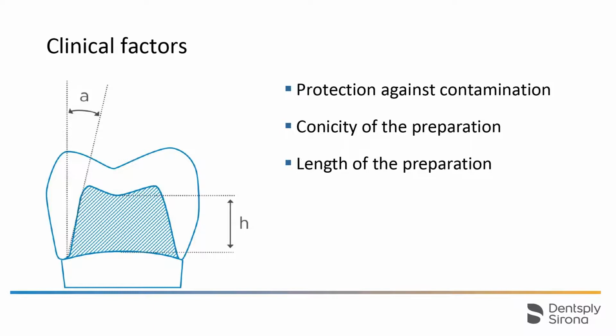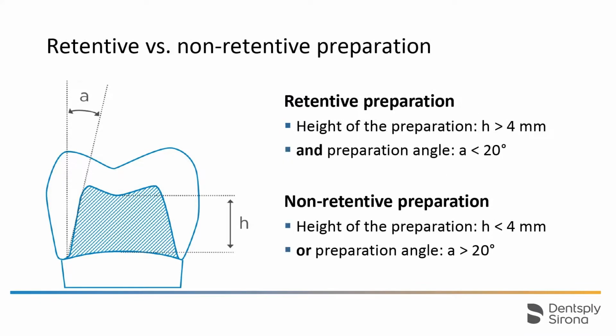Firstly, the conicity of the preparation, meaning the angle formed by the prepared surfaces of the tooth to the tooth axis, and secondly, the retention surface available, which essentially depends on the length of the tooth crown. A prepared tooth with a minimum residual crown height of 4 mm and conicity of no greater than 20 degrees is considered adequately retentive.